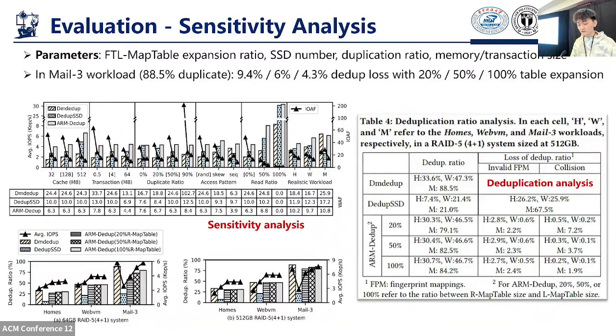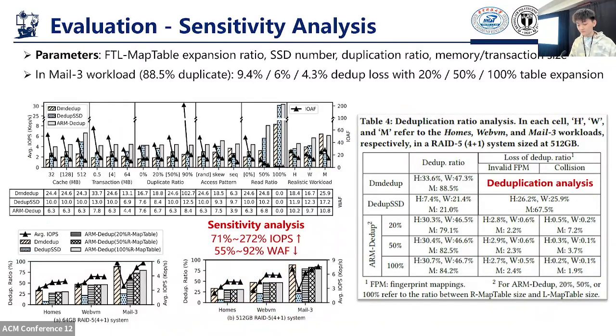We have also conducted extensive experiments under different system configurations and workload characteristics. Our solution achieves up to 2.7 times higher LPS and up to 92% of read amplification reduction.